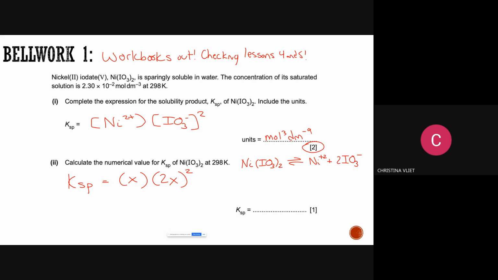We don't know what this is, but we know that we're getting rid of it because we're finding out how much is soluble. This starts at 0, this starts at 0, this is plus x, this is plus 2x, x and 2x, right? And then x is going in here, and 2x is going in there. That's how we get here.